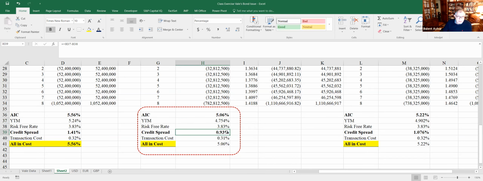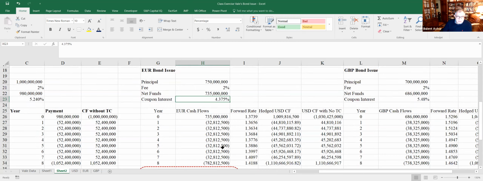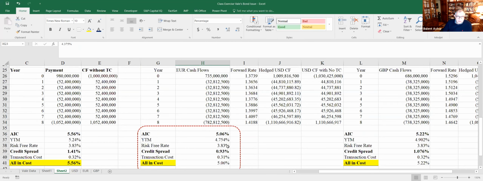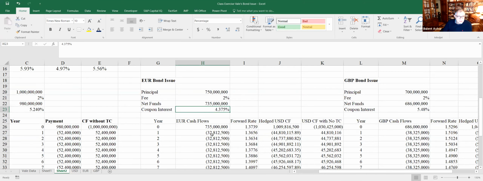So essentially, the source of this lower credit spread is the yield that investors demand. Otherwise, we should have all of these credit spreads equal to each other. So again, this explains why screening across currency segments makes sense for corporations, because these types of situations occur very often. So this concludes this example.